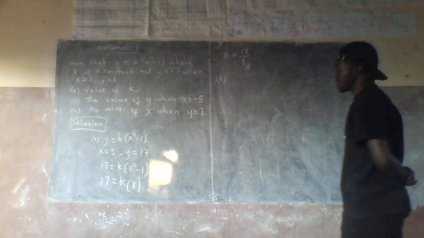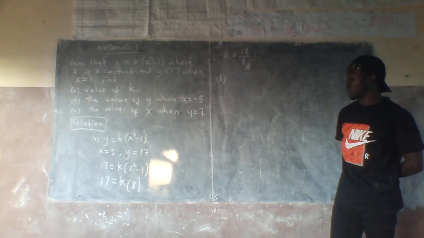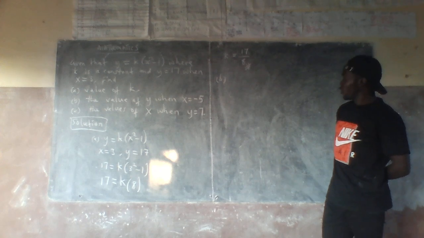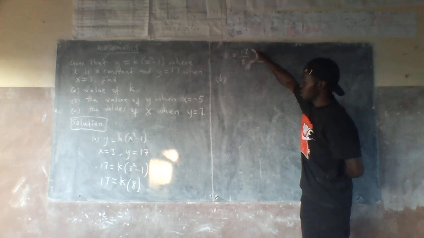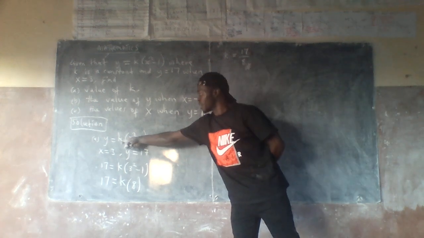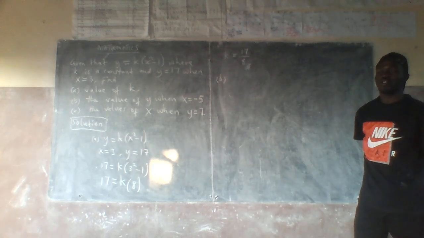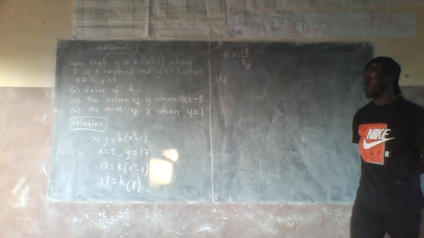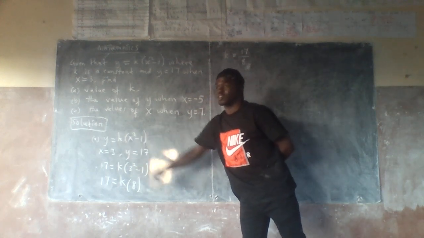B is saying find the value of y when x is equal to -5. So from the variations, we know that after you have found the value of k, you need to go back here and replace it. Then that equation is called what? What do we call the equation after you have replaced the value of k on this point?